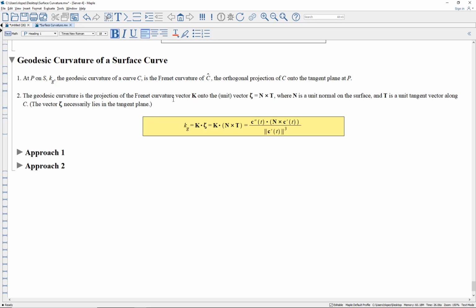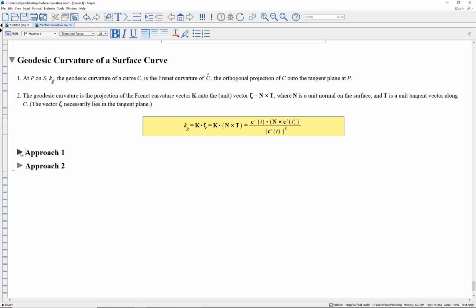The Frenet curvature vector K gets projected onto this unit vector, zeta, n cross t, normal cross tangent. So this is necessarily in the tangent plane, and there is a formula for it: c double prime dot n cross c prime, over the length of c prime cubed.